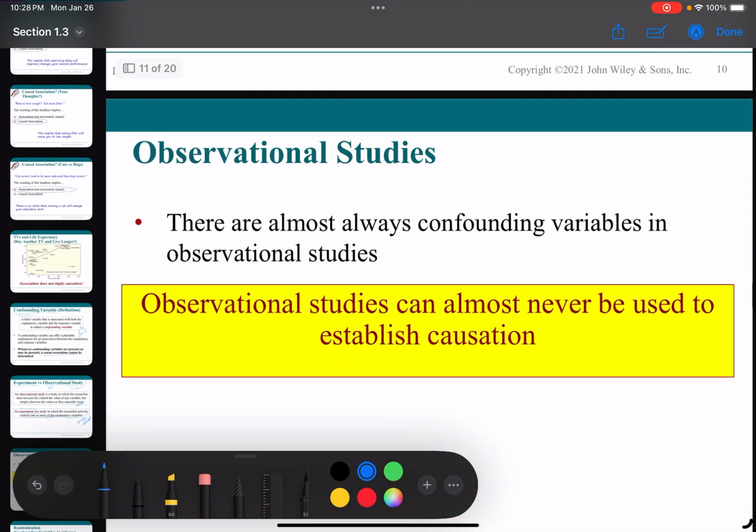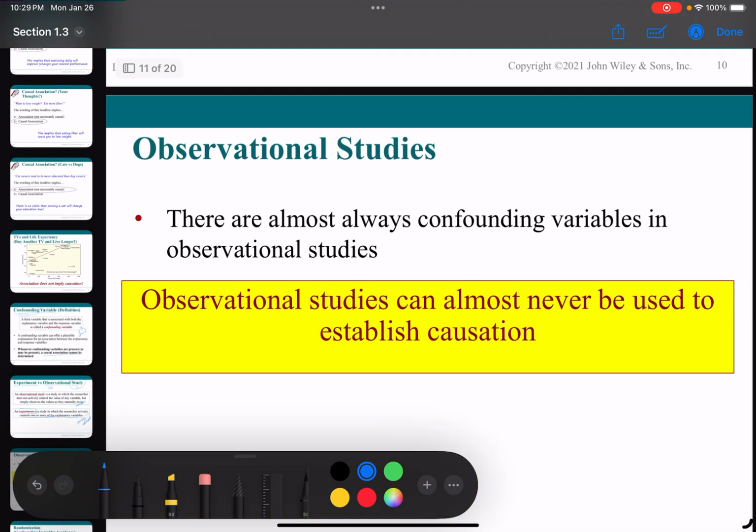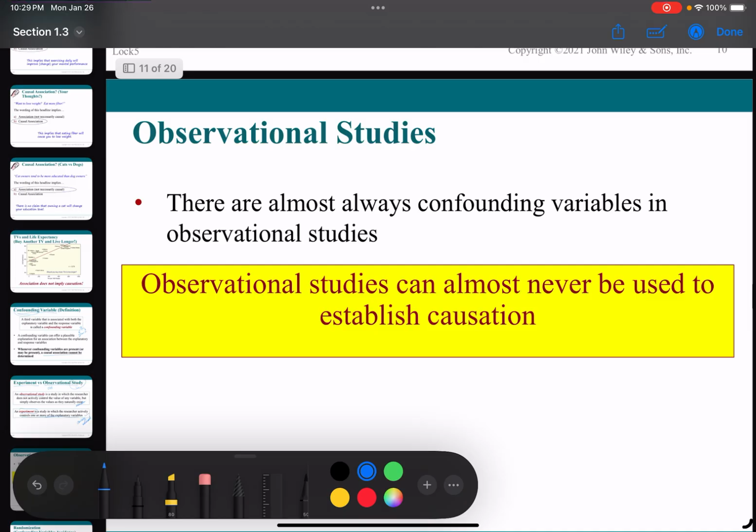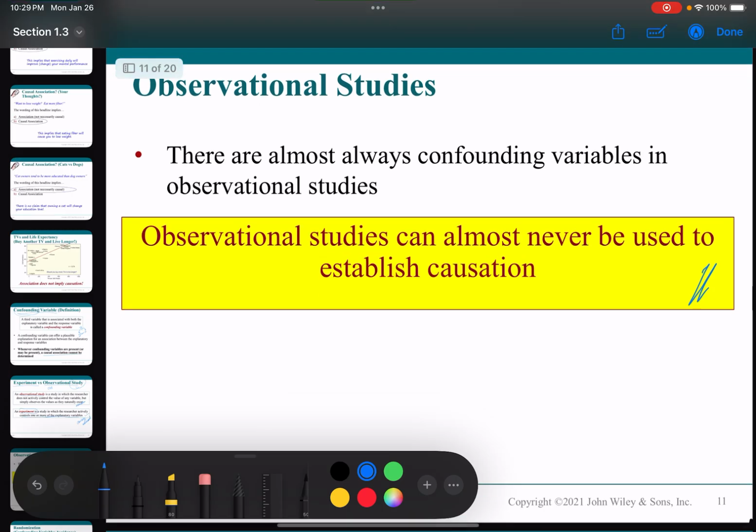I have mentioned it here: observational studies can almost never be used to establish causation.